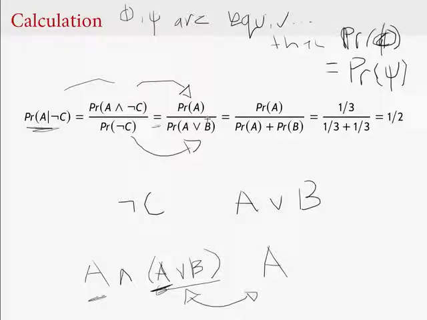So that is why we're able to replace these probabilities with these ones here. So the probability of A given not C is ultimately equal to the probability of A over the probability of A or B. And we have managed to get that result by applying this rule that logically equivalent sentences have the same probability, and then noting some of the important logical equivalences given how we've set up the example.